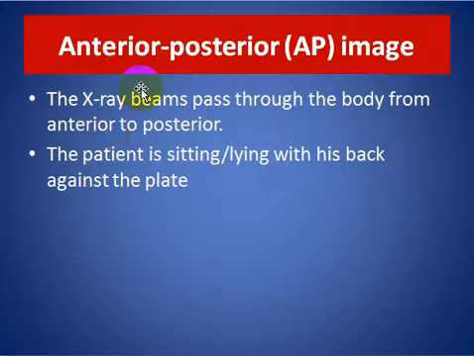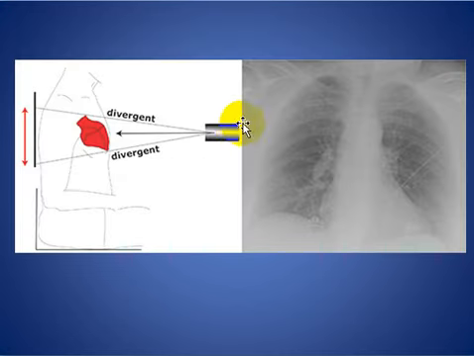Anterior-posterior view: the X-ray passes through the body from the anterior to the posterior, and the patient is either sitting or lying with his back against the X-ray plate or X-ray film. As we see here, the X-ray is coming from the anterior to the posterior, and the patient is lying on his back, and the X-ray film is behind his back.